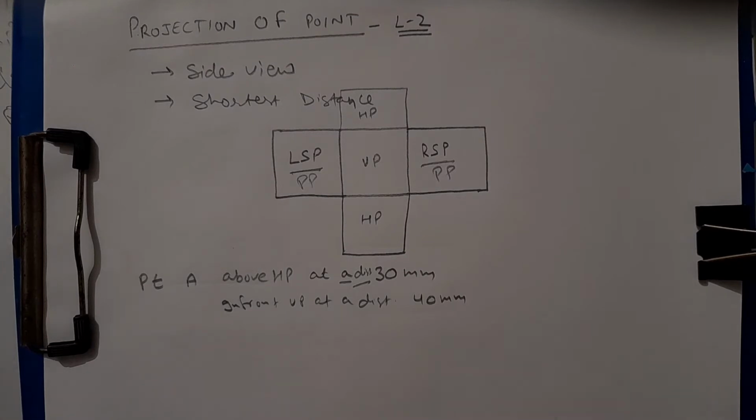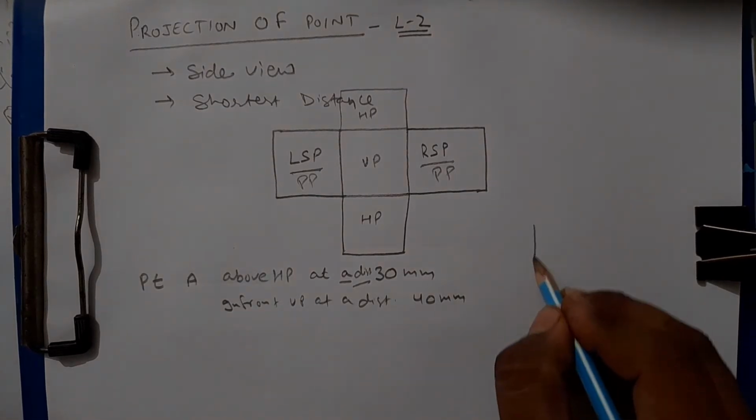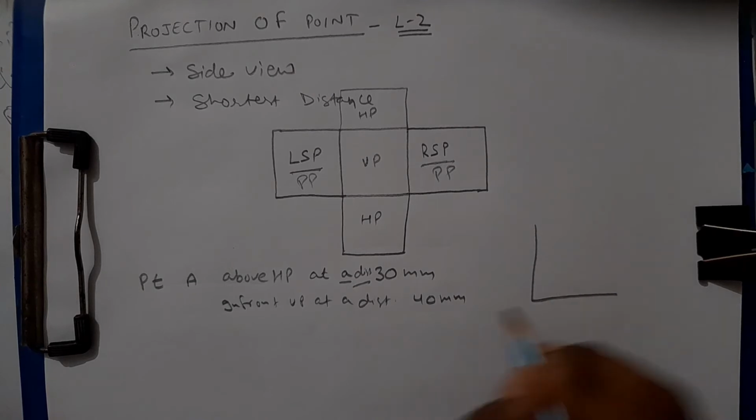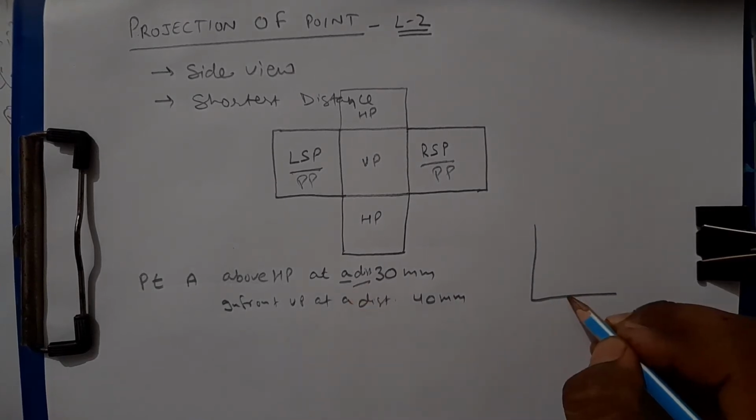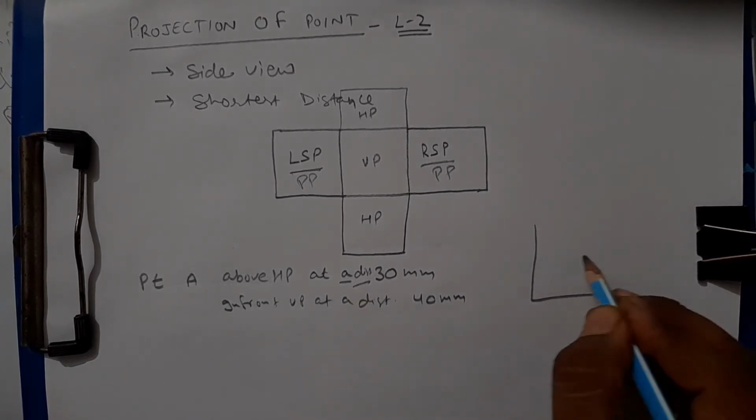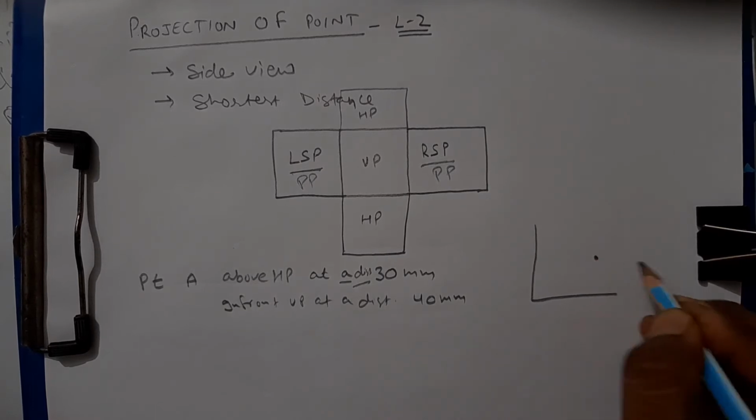It is in the first quadrant. We are plotting here HP 30 mm, VP 40 mm, approximately like this.